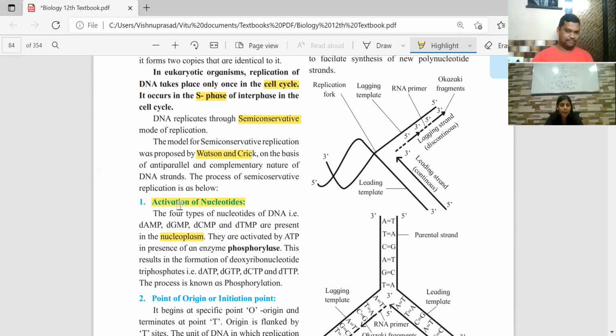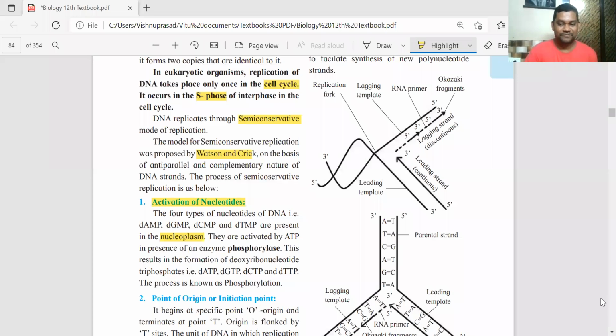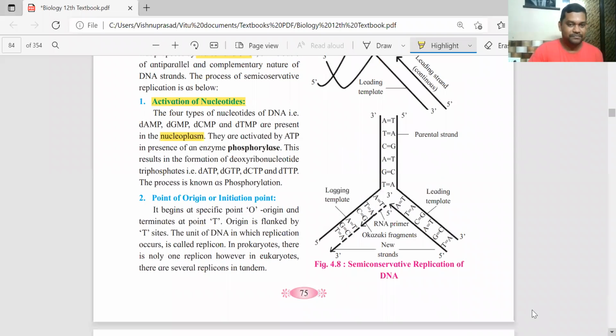It is not in a free form. So, in the nucleoplasm, these 4 nucleotides are present. Okay, and as I said, whenever a DNA has to replicate and a new strand of DNA has to be formed, these nucleotides are picked up and they are placed accordingly.